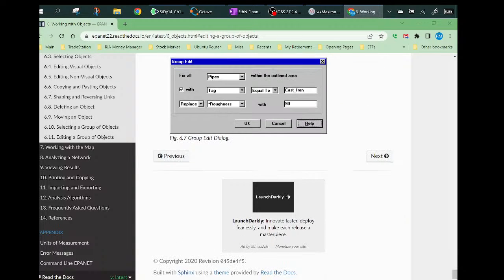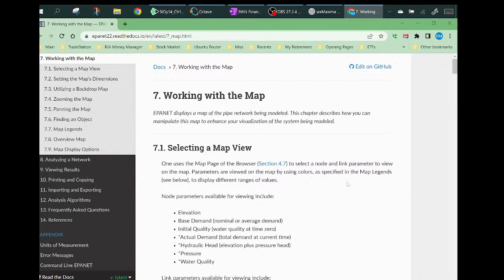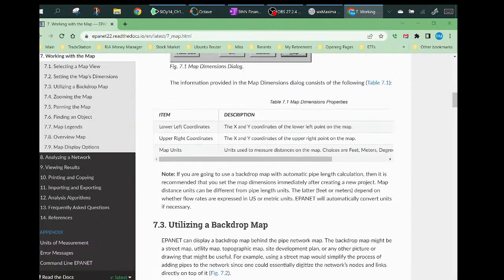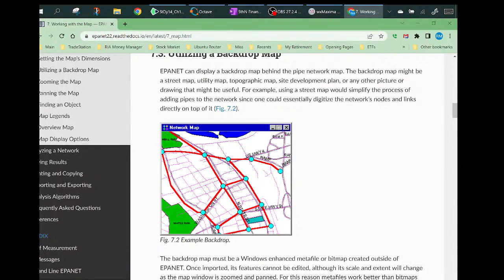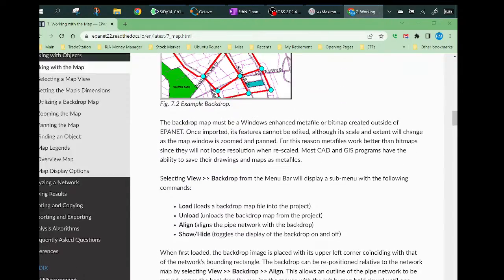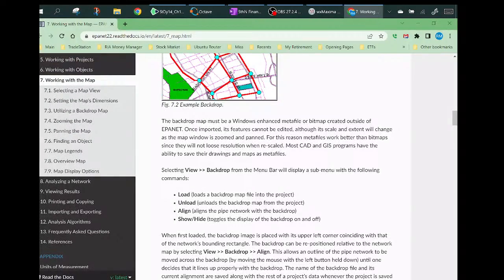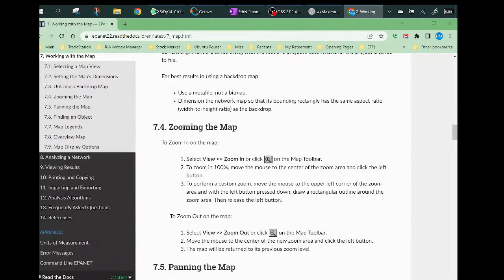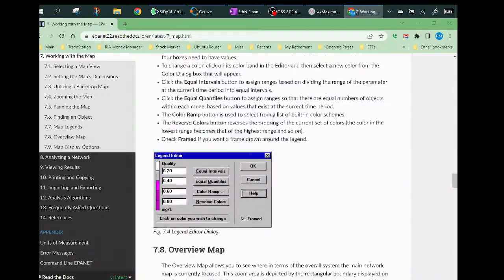So what you can actually do is put a backdrop of where your main supply pipes are across a GPS thing, as a backdrop file, and you can use CAD and GIS systems to do that. What I was looking for is the pump thing.